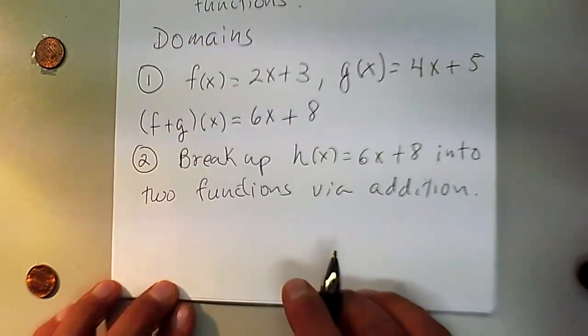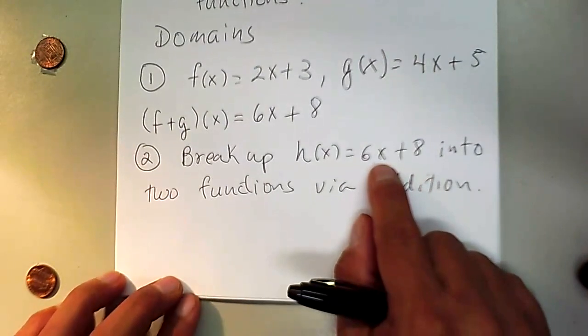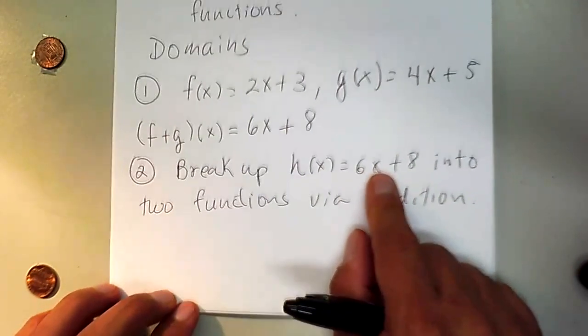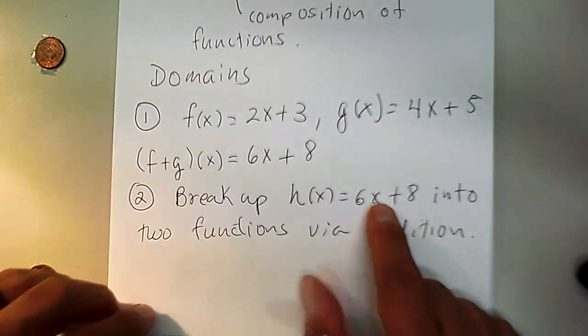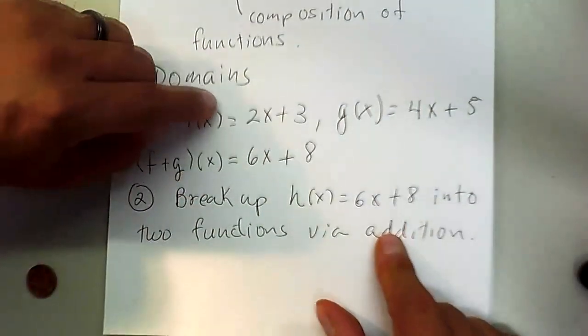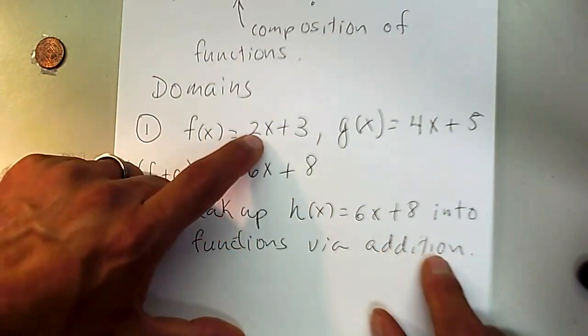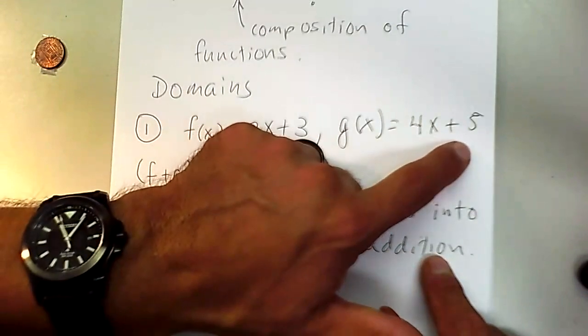Okay, then we have several choices. This is kind of weird because if you already know where this came from in the previous example, you may say, oh, I can do 2x plus 3 and 4x plus 5.